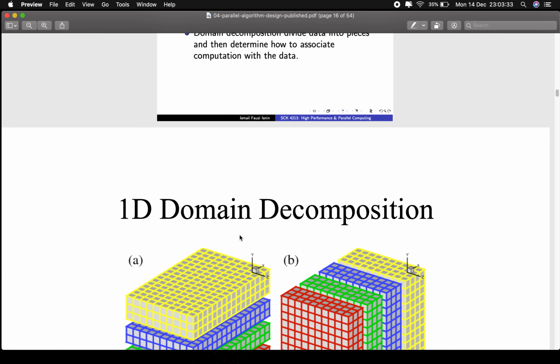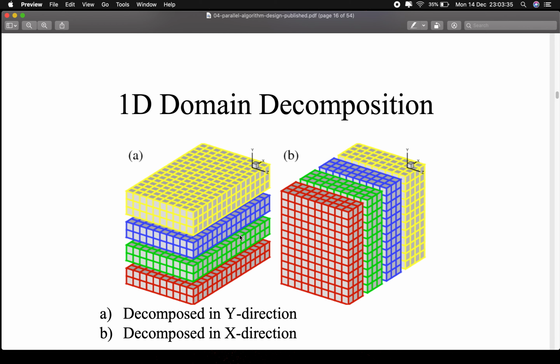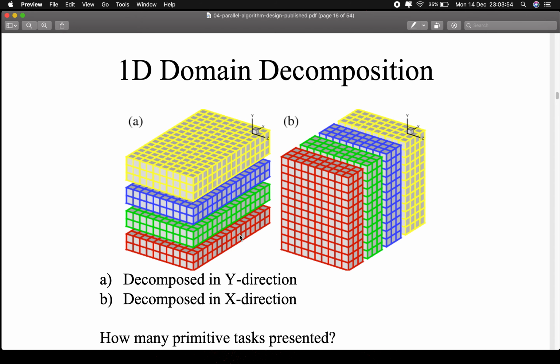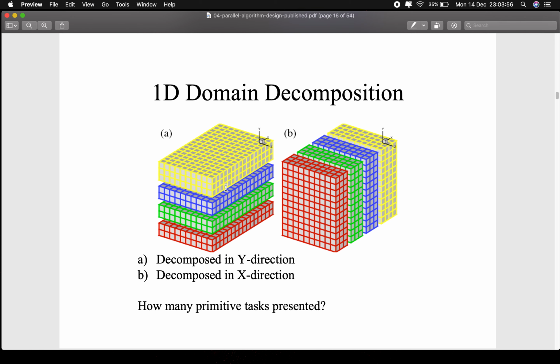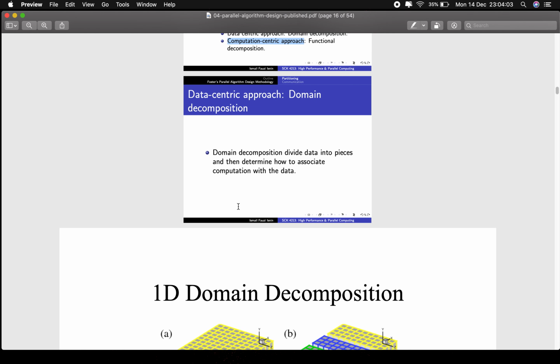Over here I give you examples of 1D, or one-dimension, domain decomposition, and also 2D domain decomposition. For the third one, you need to try and figure it out; later on I will give you the answer. You can see this is the example of 1D domain decomposition under the data-centric approach.